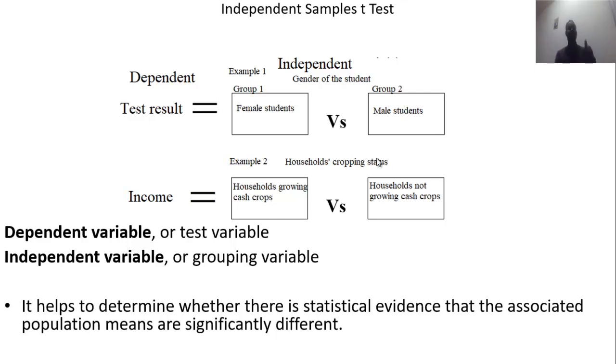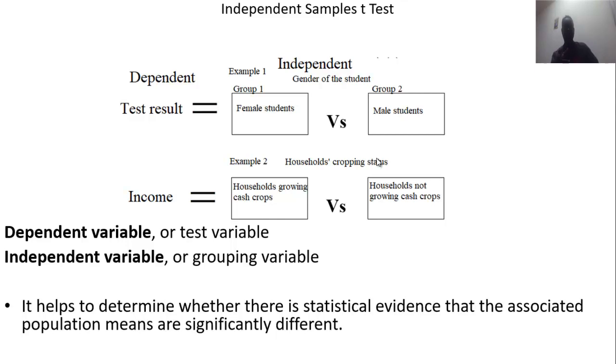And the numbers are natural numbers. Therefore, in independent sample t-test, the dependent variable should be measured in terms of continuous numbers.